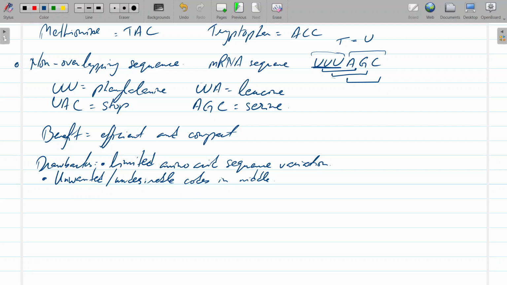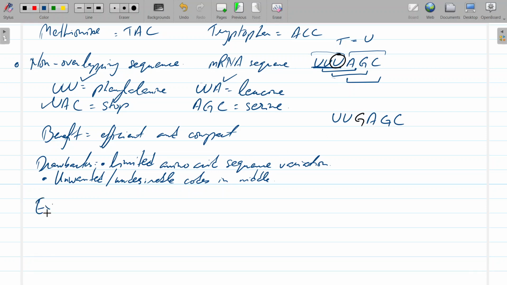If it were completely overlapping, for example, they mutated this U, turning it into, let's say, G, and then AGC. And so this third U is present in three of these.